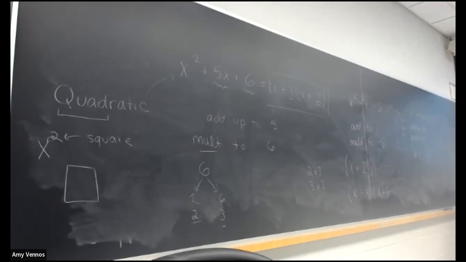But don't they still add up to -1 and then multiply by 6? Let's check. So these two numbers, -2 and +3, they multiply to make -6. Let's see if they add up. Yeah, yeah, we get +1. All right. Any other questions?